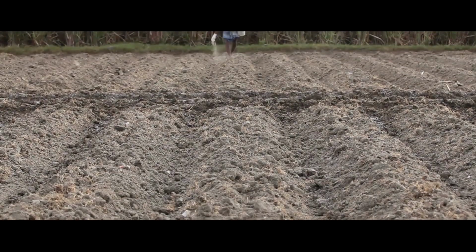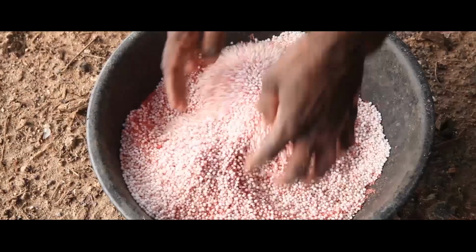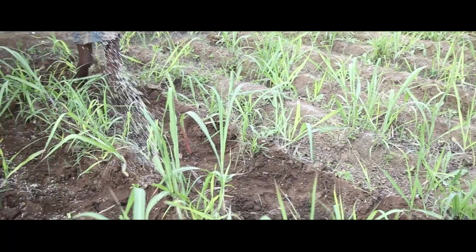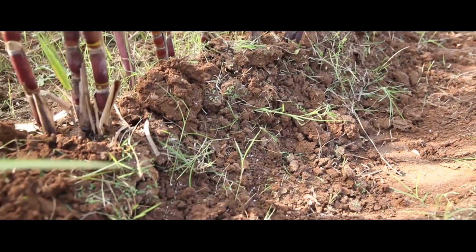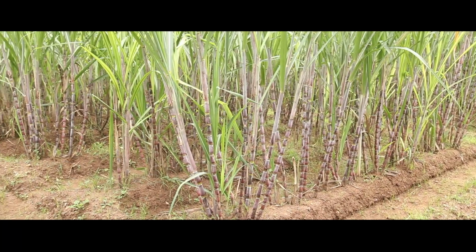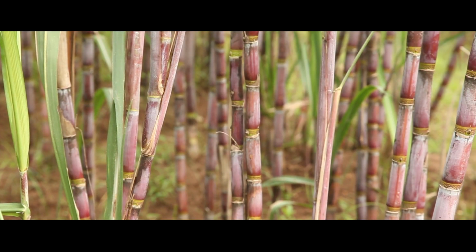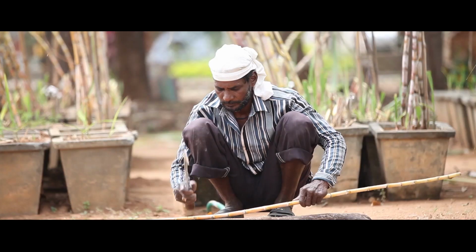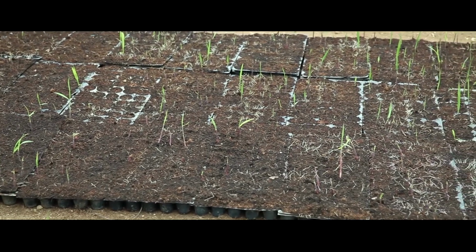In this, phosphorus is applied as basal dose, and nitrogen and potash are applied in 3 equal splits along the cane rows in furrows and covered immediately and irrigated. 1 month before the harvest of the nursery cane, 50 kg nitrogen and 75 kg potassium can be applied as additional dose. This enables quality nursery cane with higher glucose levels that ensures good germination.